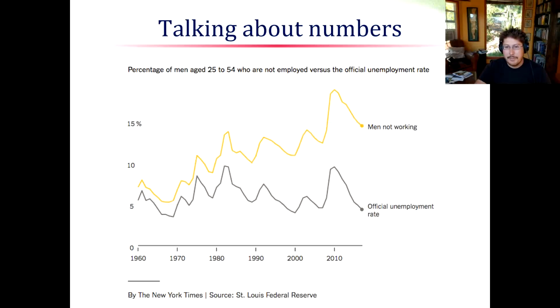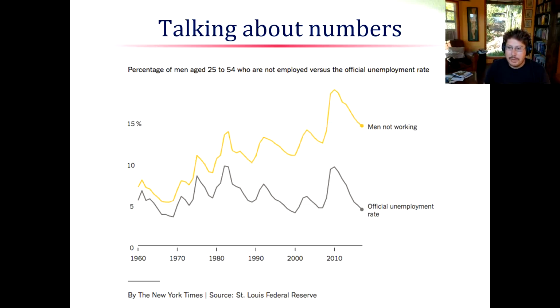The official unemployment rate has 6 or so variants, and some of them include seasonal workers, others don't. How they count part-time varies, all sorts of things like that. So it's not straightforward to look at the world and come up with a measure of the thing you want, right?